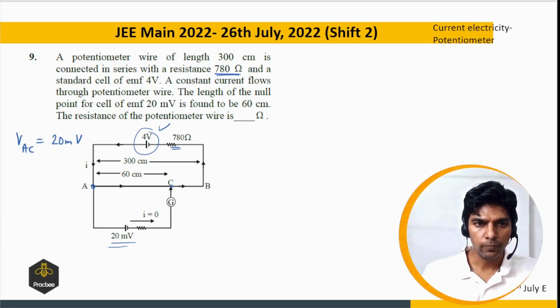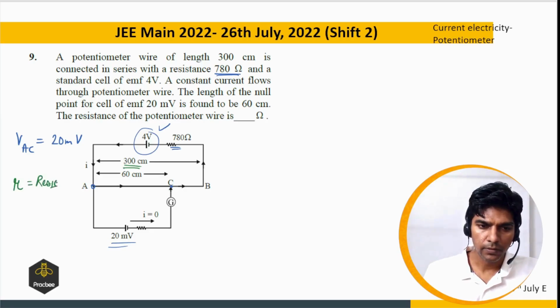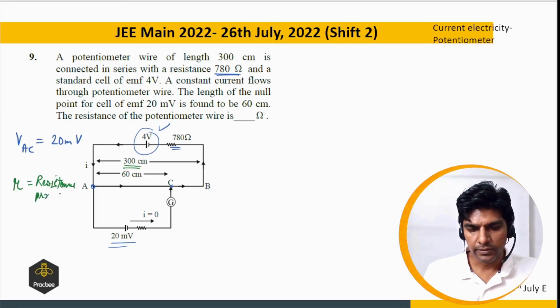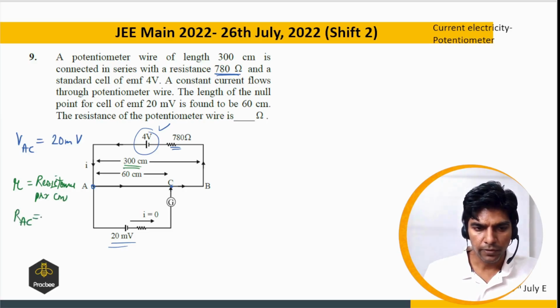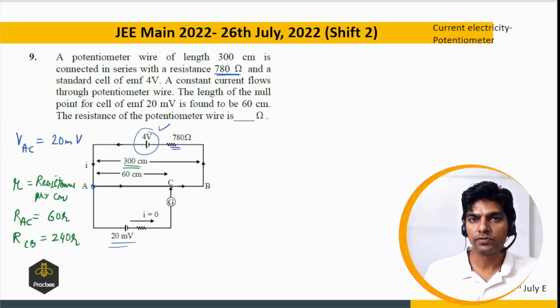So the length of the potentiometer wire is 300 centimeter, and let us say small r is the resistance per unit length, so resistance in ohms per centimeter, right? So the resistance of AC will be 60 times r, and the resistance of CB will be 240 times r, because the length of CB is 240.